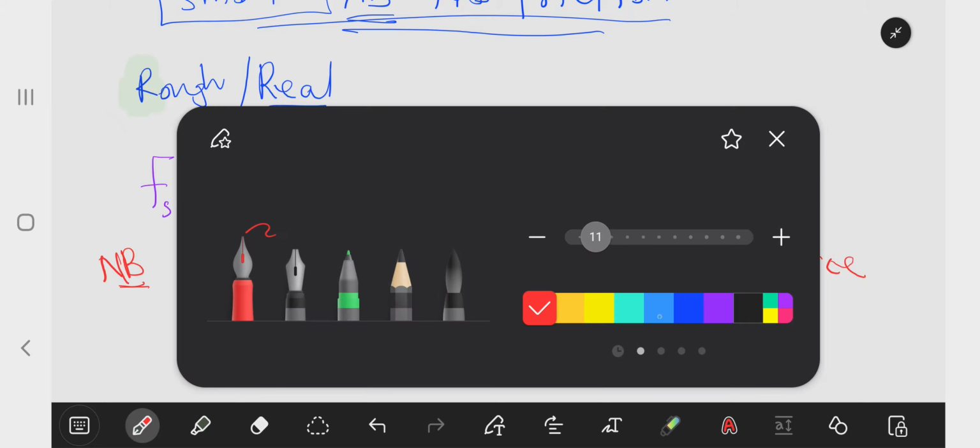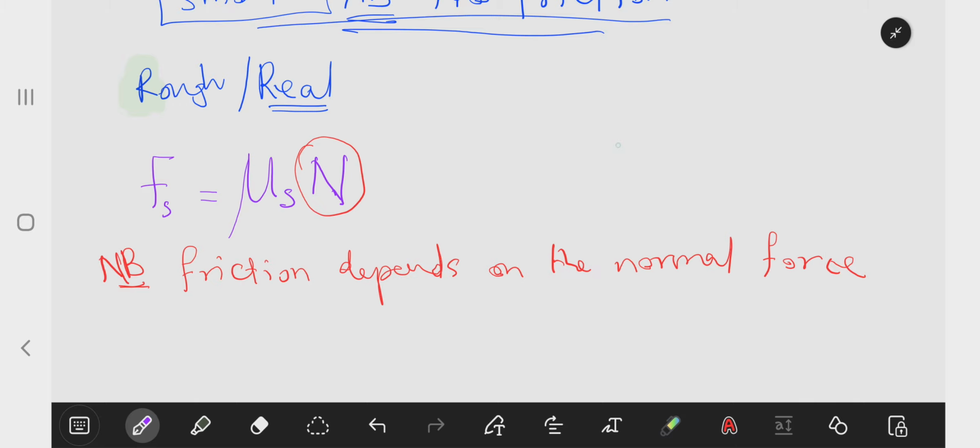The same logic would apply if we were to calculate the kinetic friction. That would be equal to the coefficient of kinetic friction multiplied by the normal force if the object was moving. So we can still see that your friction actually depends on the normal force, right?